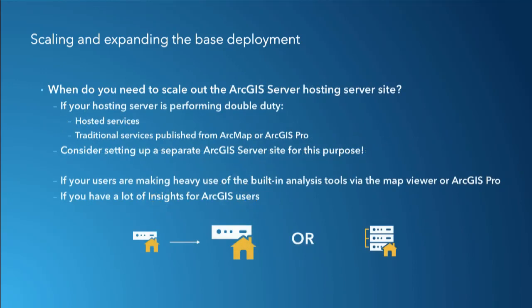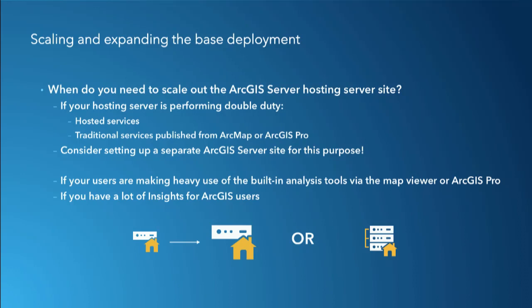When we move on to the next tier, we're looking at that hosting server. So if you look at the hosting server in the base deployment, well, it's performing multiple distinct duties, right? It's just a traditional GIS server, which means you can publish all of those map and image services and geoprocessing and whatnot.